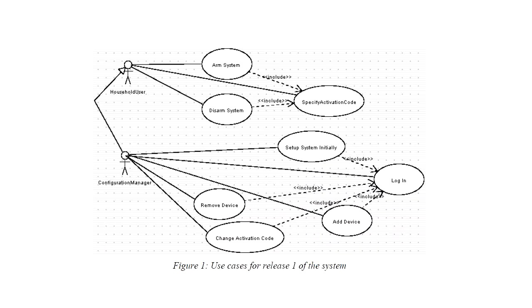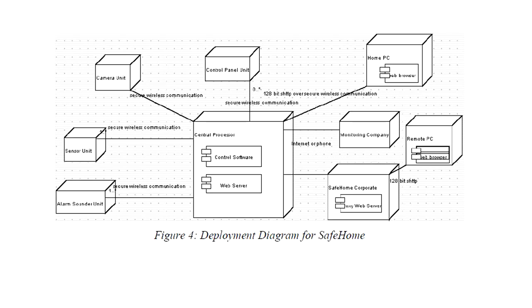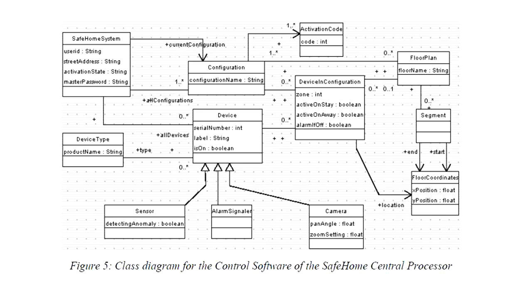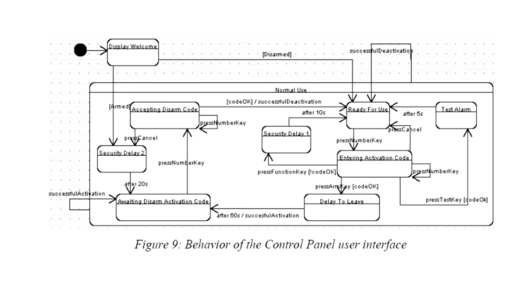Let's say the use case diagram, and then you have the deployment diagram and the class diagram for this, as well as different state and activity diagrams with the behavior diagrams for different interfaces.